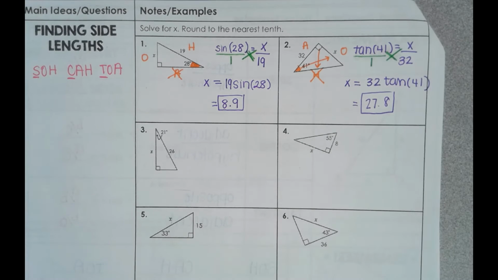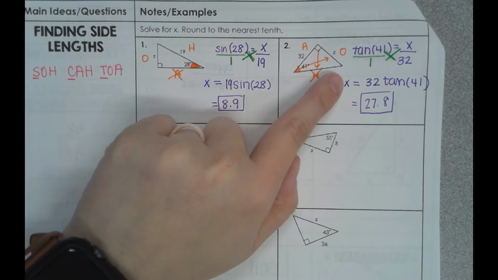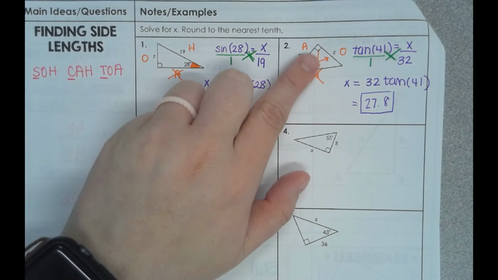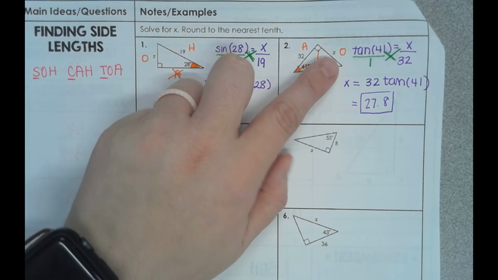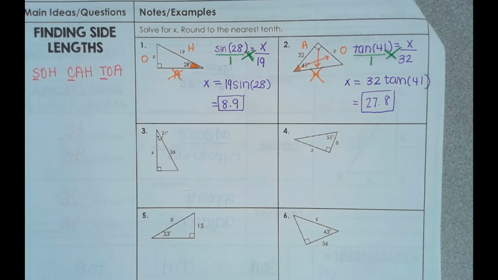Now look at your answer and look at the picture. If this is 32, it makes sense for that to be about 27 or 28. If I got like 400, that wouldn't make sense. If I got like 0.2, that wouldn't make sense. So always just glance over to make sure it doesn't seem outrageous for whatever answer you got.